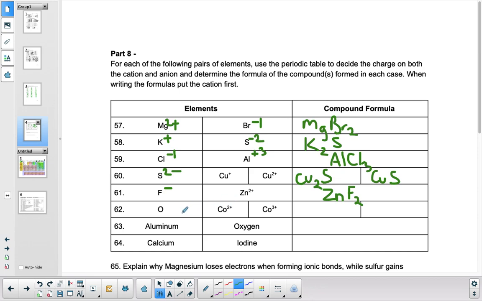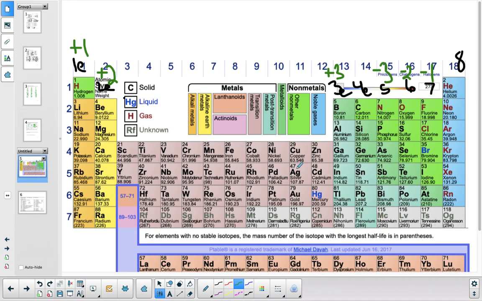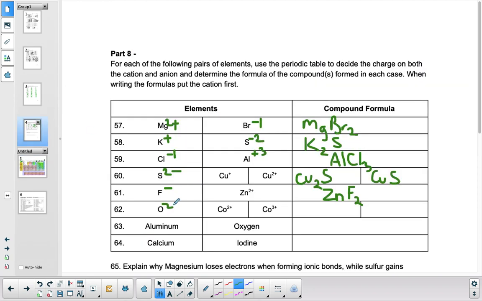Alright, down here, cobalt and oxygen. We're going to do the same thing that we did with sulfur in 60, but now we're working with oxygen. So if we have oxygen is a -2, so the first one is pretty easy, -2, +2.